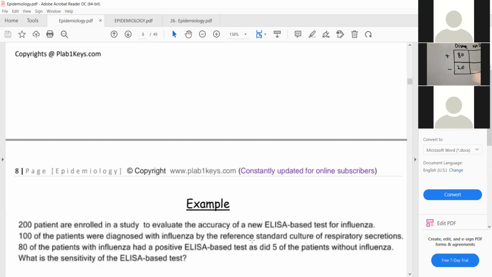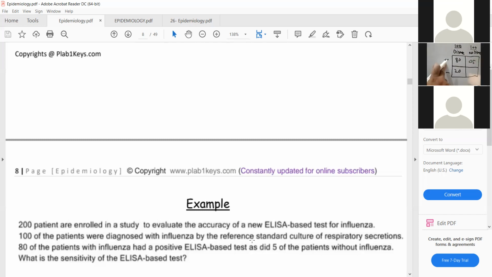So 80 of the patients with influenza had a positive ELISA-based test, as did 5 of the patients without influenza. So out of these 100 patients, 5 had a positive ELISA screening test result, but they didn't have the disease.